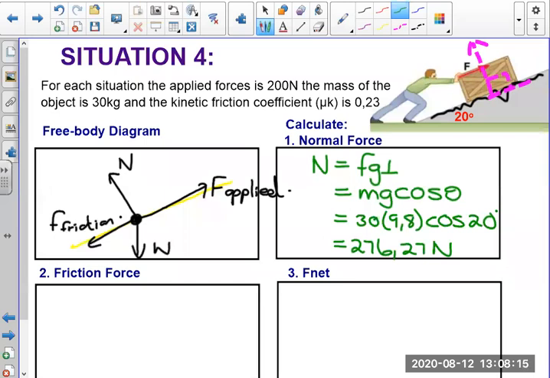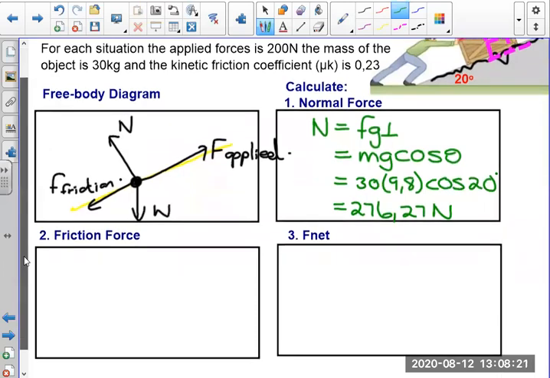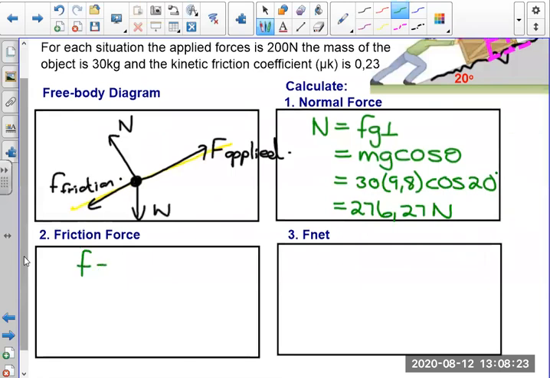The next one that I'm looking at is the friction force that we need to work out. Same applies to this. So we can say friction equals mu k times F normal, or just a capital letter N. Mu k, we said it's still 0,23 times the normal force, which is 276,27.